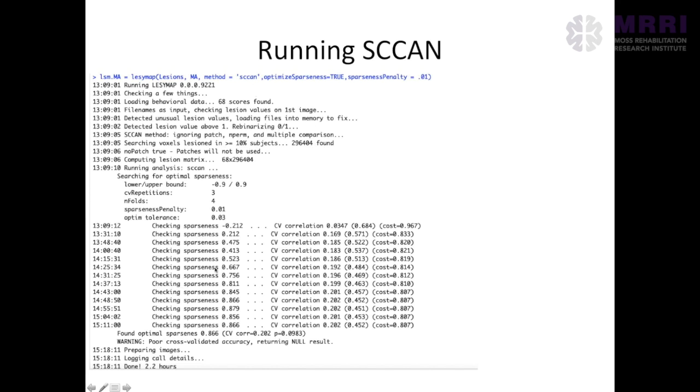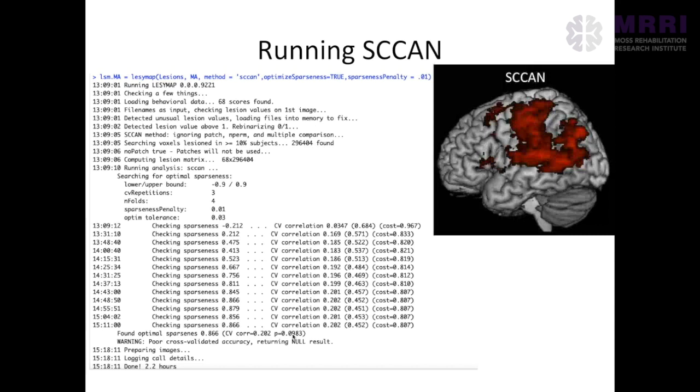You can see down here, it's checking all these sparseness values. In this case, this is a data set that we provided last week. It actually turns out that it gives you a null result. So it would have given us a blank map, except we then ran it again and asked for it at a higher p-value threshold so that it actually gave us something back. And that's what it gives us back.